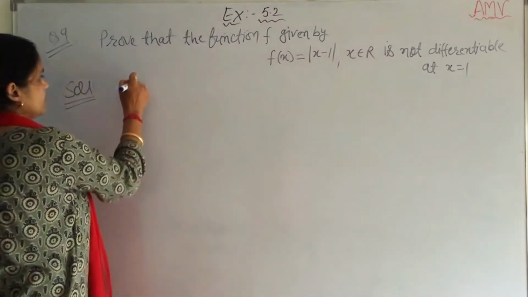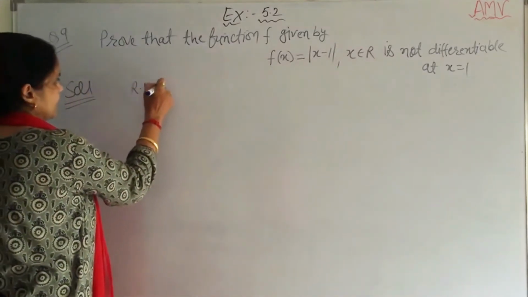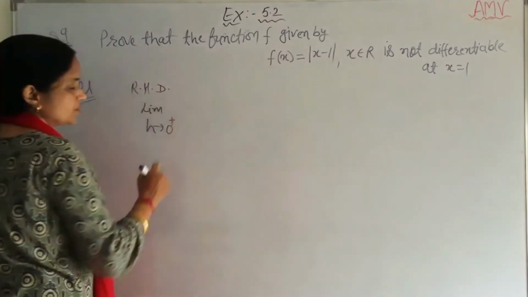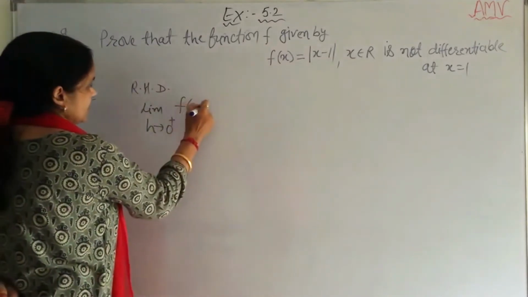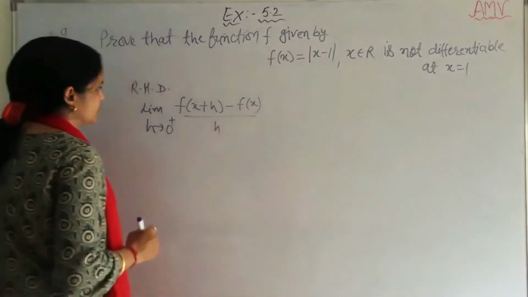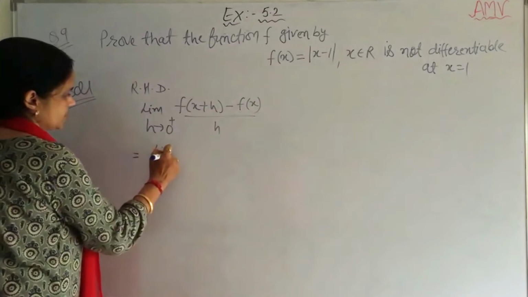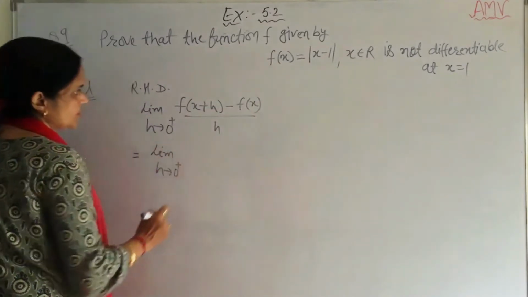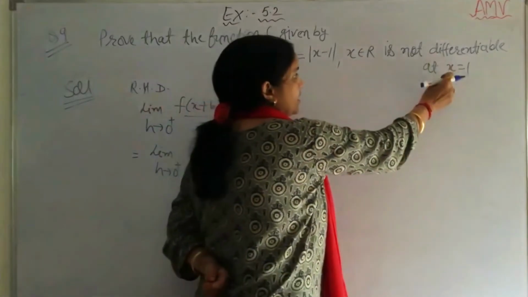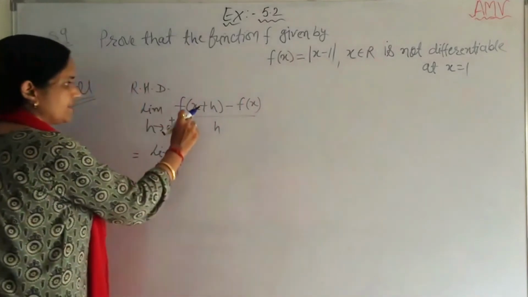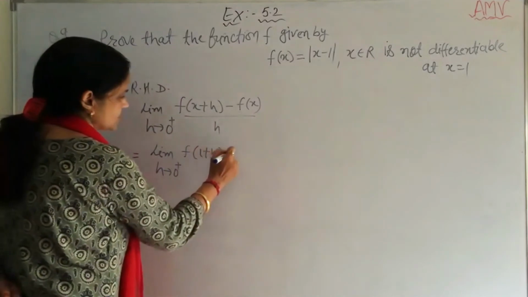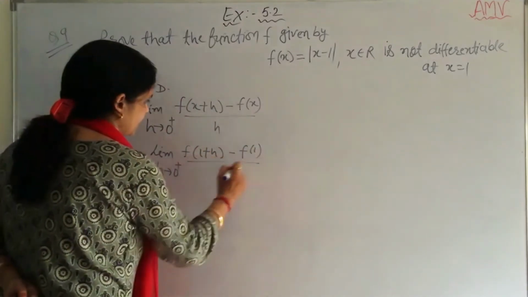So, for right hand derivative, find its limit h tends to 0 plus f(x plus h) minus f(x) by h. We are finding the differentiability at x is equal to 1, so write 1 in place of x. It is f(1 plus h) minus f(1) and here h.